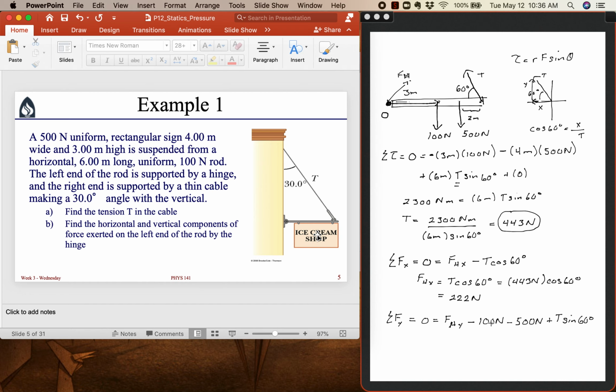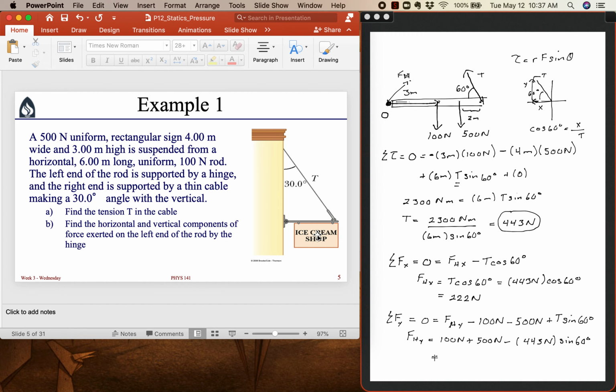So it looks like, once again, I can take all this stuff to the other side of the equation in order to find the hinge force in the y direction. So the hinge force component in the y direction is going to be 100 newtons plus 500 newtons, minus T, which is 443 newtons, times the sine of 60 degrees.